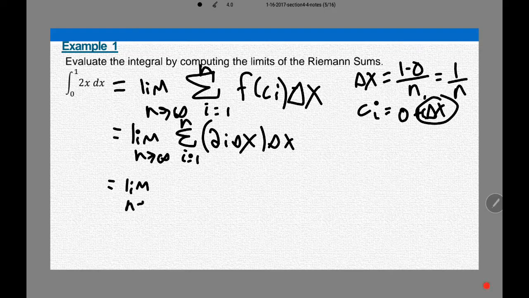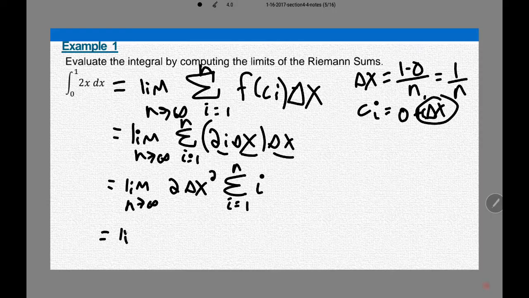As we do this, we've got 2 times delta x, so that's 2 delta x squared, and then I'm doing the sum from 1 to n of my positive integers i.